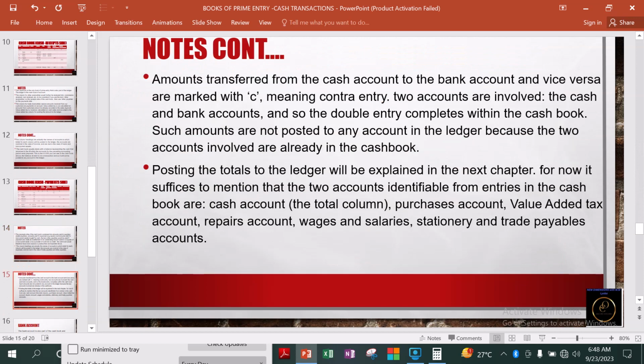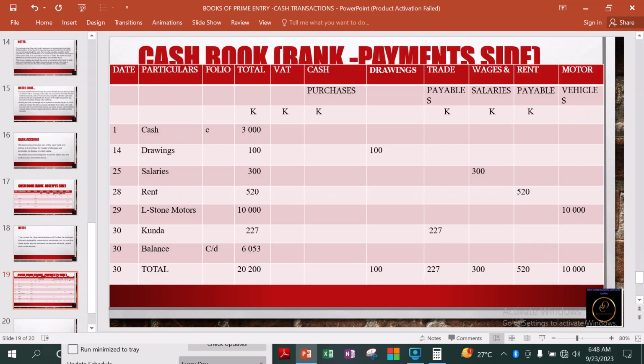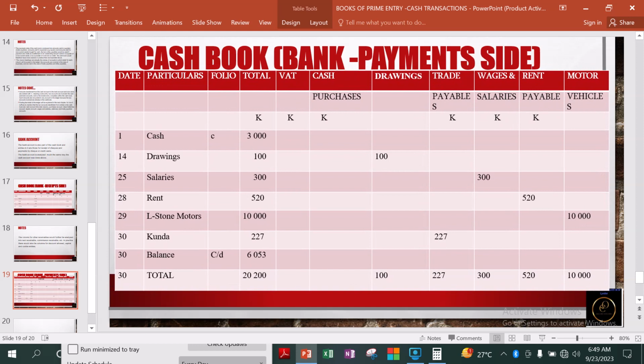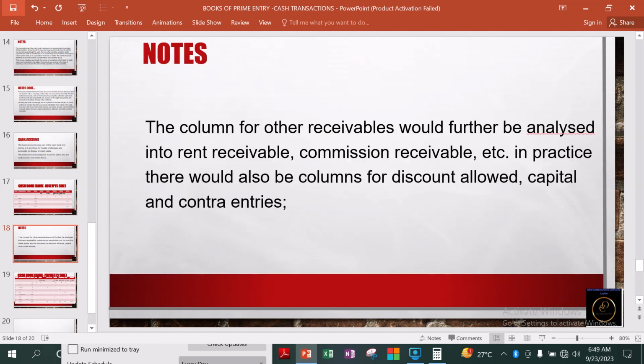So we have salaries 300 here, and indeed captured under column of wages 300, the bank payment side. That bank payment side has given us that particular payment. Okay, so we move on to look at another transaction.